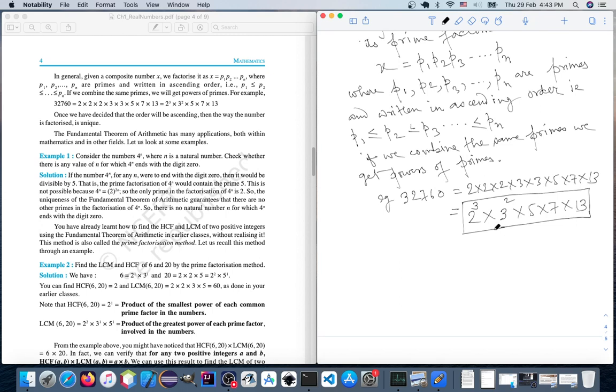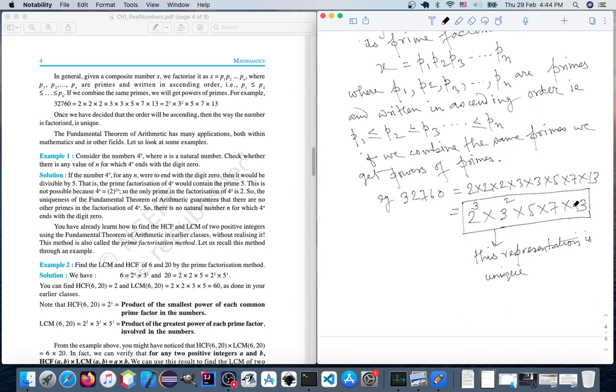Now, this representation is unique. If you factorize this number, arrange all its prime factors in ascending order and combine all the similar primes into powers, you will always end up with the same representation. This will be unique. So that is what it says.